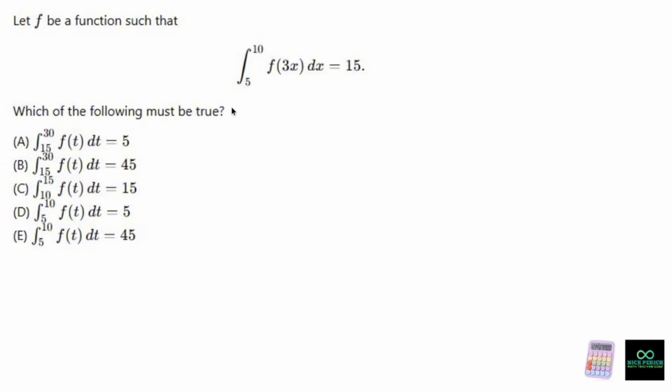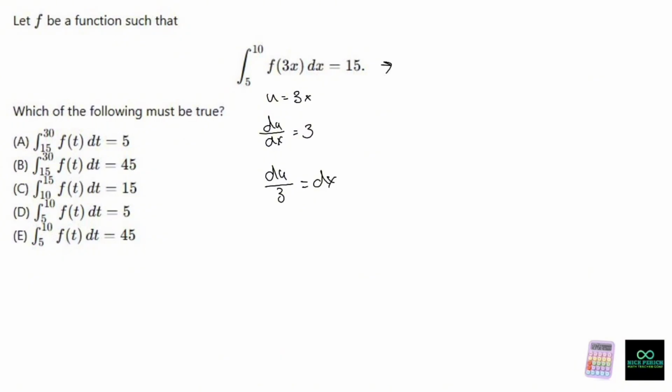Which of the following must be true? All right, so let's do this. Let's treat this as if it's u substitution. Let u equal 3x. So du/dx is going to be 3, and after flip-flopping the 3 and the dx, we get du over 3 equals dx.